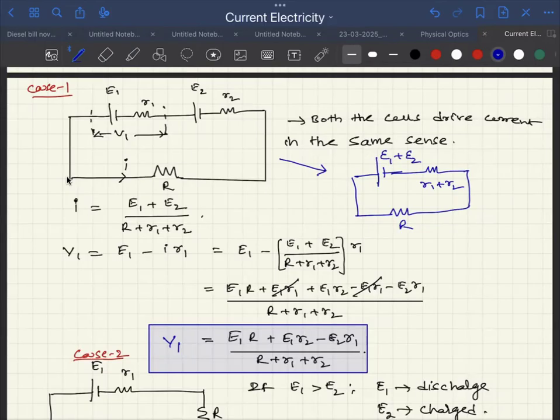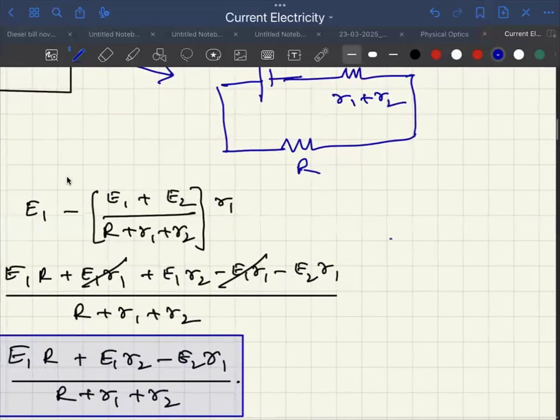Sir, when the current enters into the negative terminal, then it is discharging. I'll explain. If your battery is like this and the current flows like this, that is considered discharging.